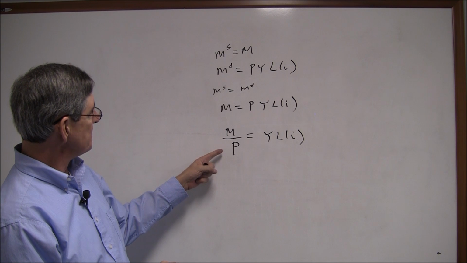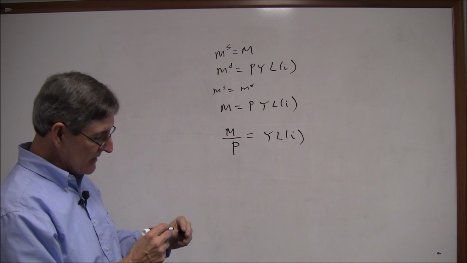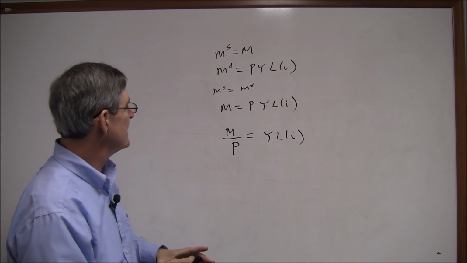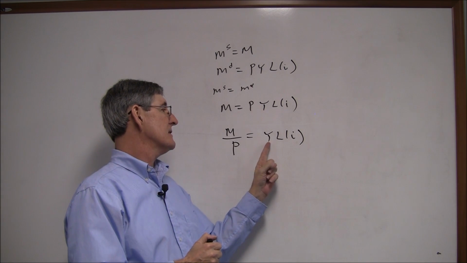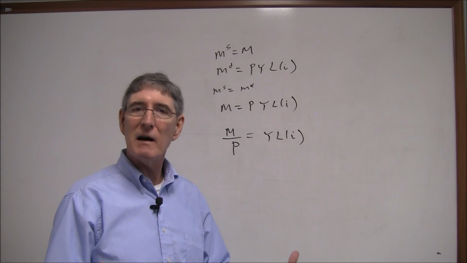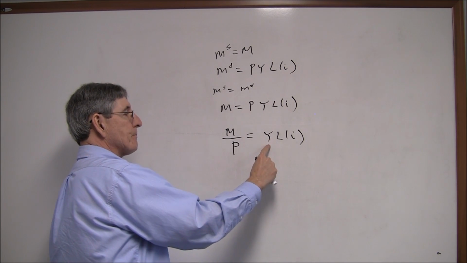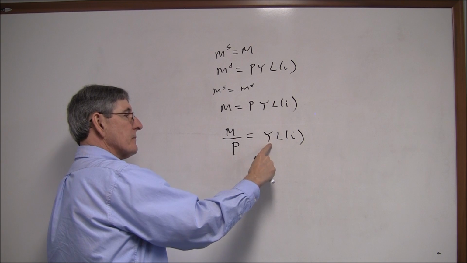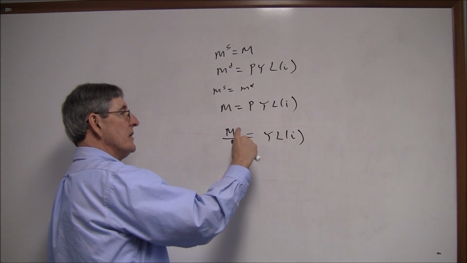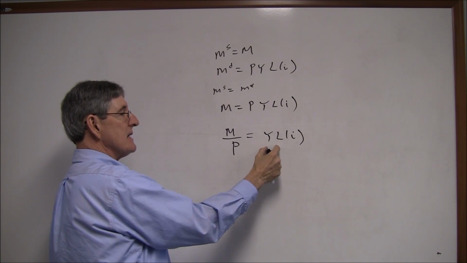One way to think of this is that a lot of money demand is carried around for transactions. So what this is really saying is that this is the amount of stuff you buy in real terms, like the number of oranges or the number of bicycles and so on. So if you hold that constant and double prices, you're going to have to double the amount of money that you carry to buy the same amount of stuff.